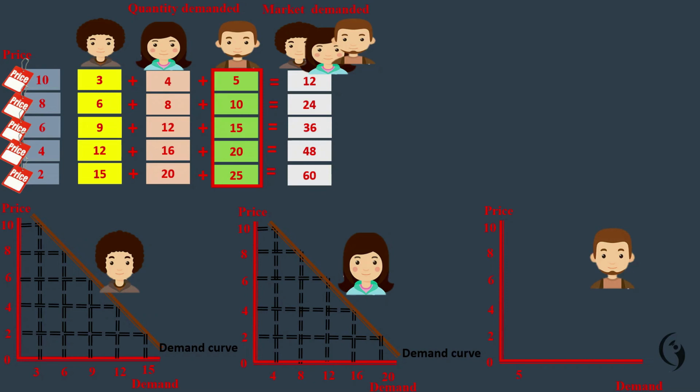The third person's demand curve is like this. Here we note that we can draw the market demand curve using two methods. One is to simply add the individual demand schedules, and then we will draw the market demand curve. The other is the horizontal summation of individual demand curves. Here we are going to draw using the market demand schedule method.